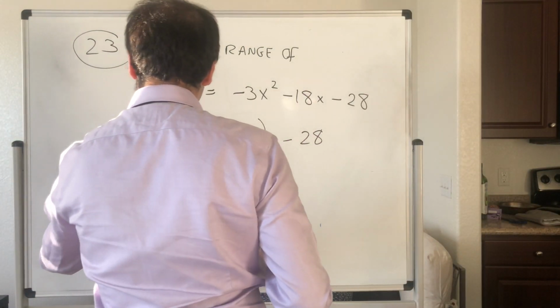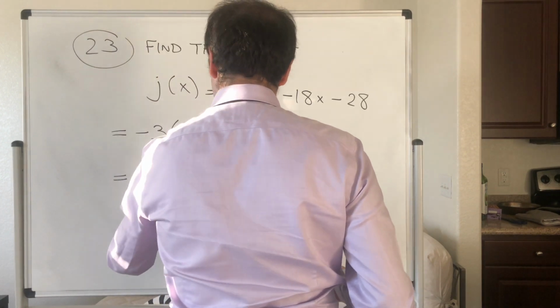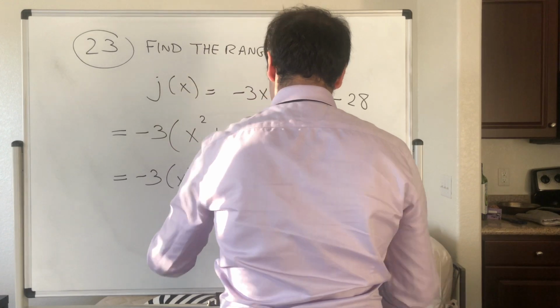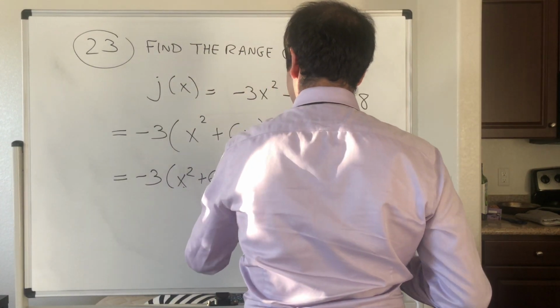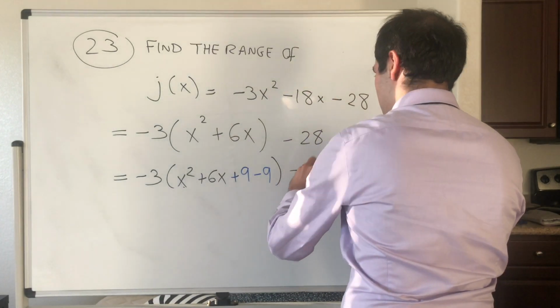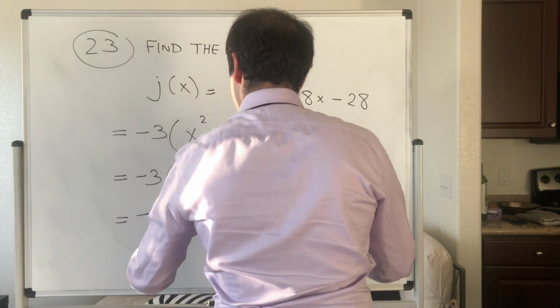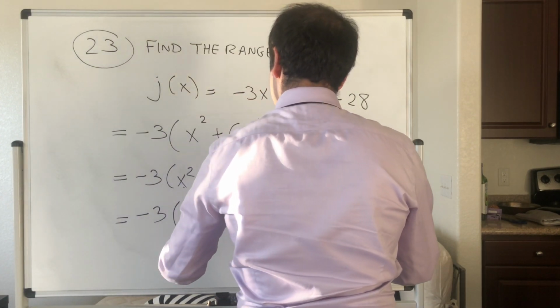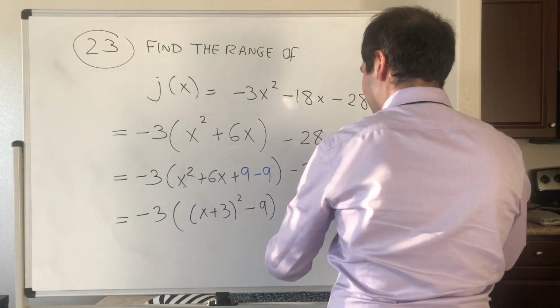So we get minus 3 times x squared plus 6x plus 9, and then minus 9, and then minus 28. And that's the same thing as minus 3 times x plus 3 squared, and then minus 9, and then minus 28.